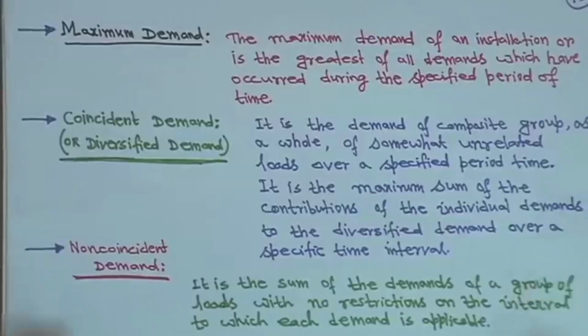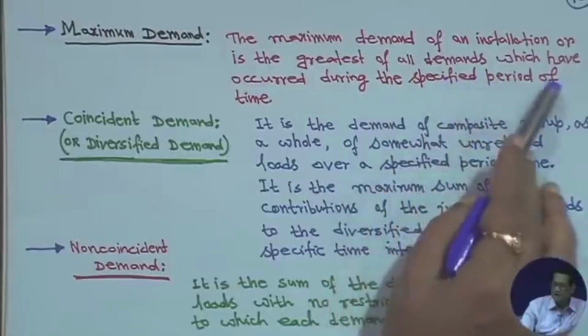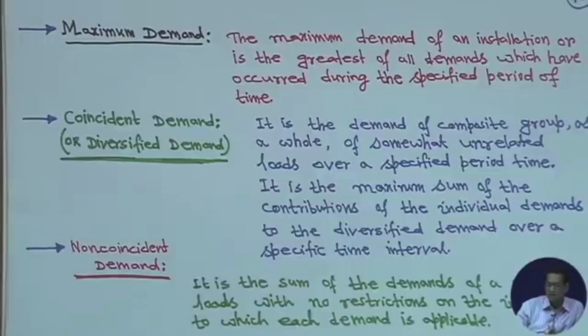Next is maximum demand. The maximum demand of an installation is the greatest of all demands which have occurred during the specified period of time. Some time period is specified, and then the maximum demand of an installation is the greatest of the demands which have occurred during that specified period.